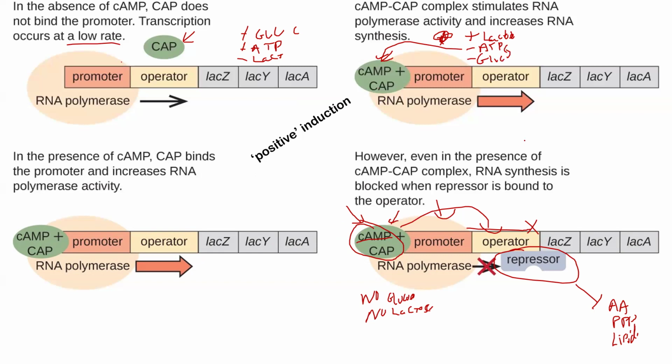And again, lactose will bind to the repressor because the cell is sensing lactose, and this takes the repressor off the operator, allowing for a significant increase in RNA synthesis and translation.